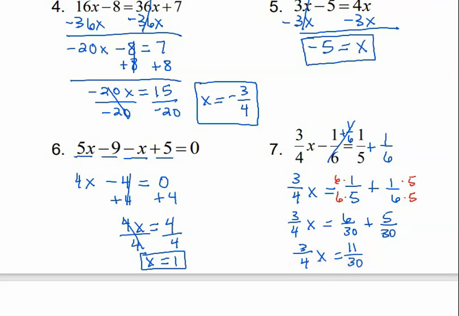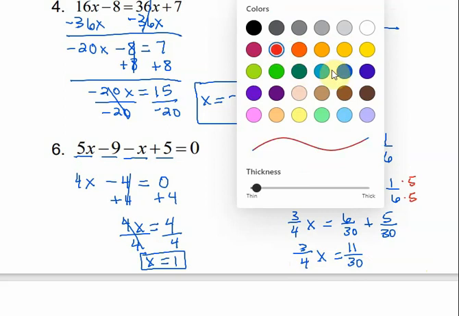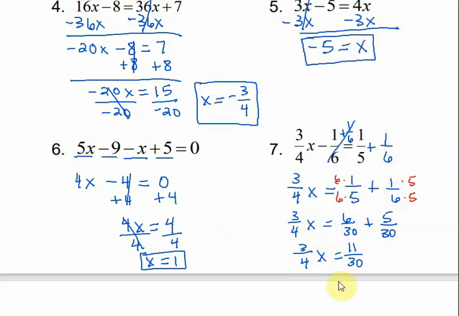Now to get the x by itself, I need to remember what we do again. If we have a fraction connected to our variable, we're going to have to multiply by the reciprocal, because we can't divide a fraction by a fraction. We multiply by the reciprocal.